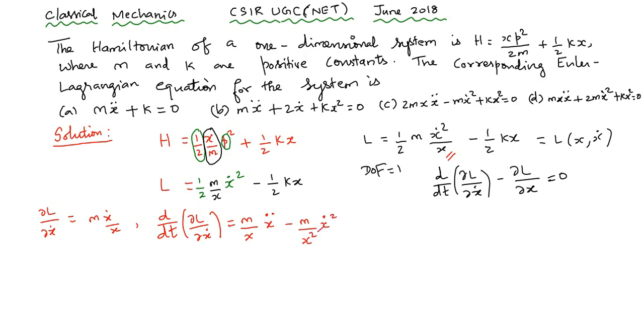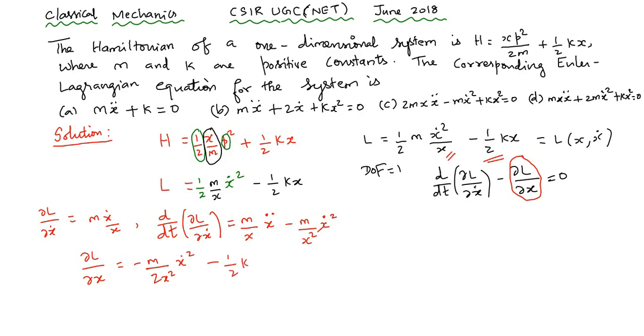So similarly, if you calculate partial L by partial x for this Lagrangian, you will get, so x is in the denominator, therefore minus m by 2 x square x dot square, and for the second term you will get minus half k.